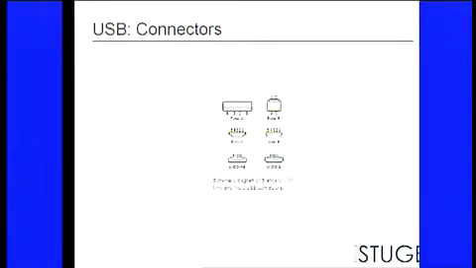So the A connectors are supposed to be toward the host, and the B connectors are supposed to be toward the device. That's the rule. And I guess we've all seen the mini connectors. And on cell phones, I think in the EU, you really need to have a micro USB connector if you're supposed to sell it.